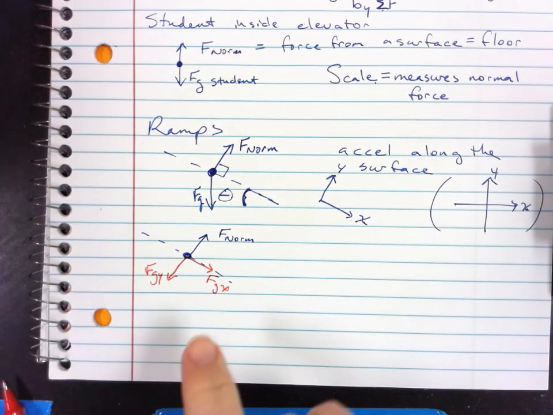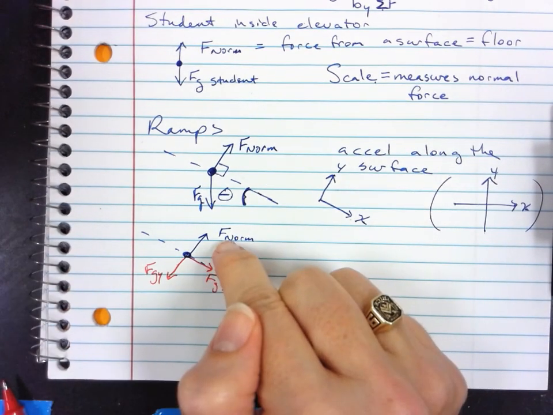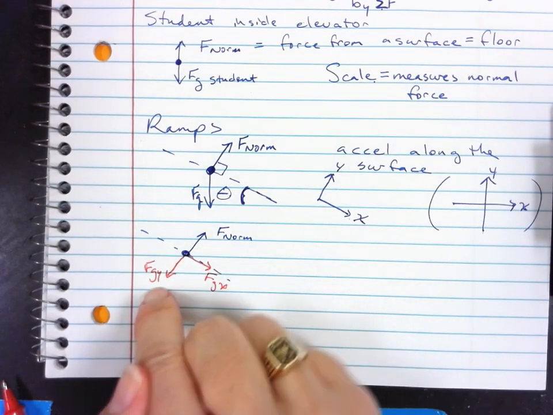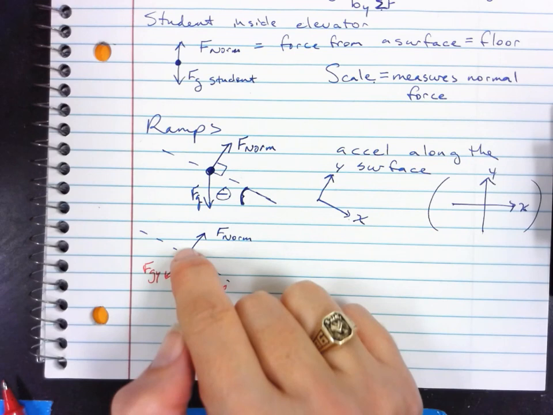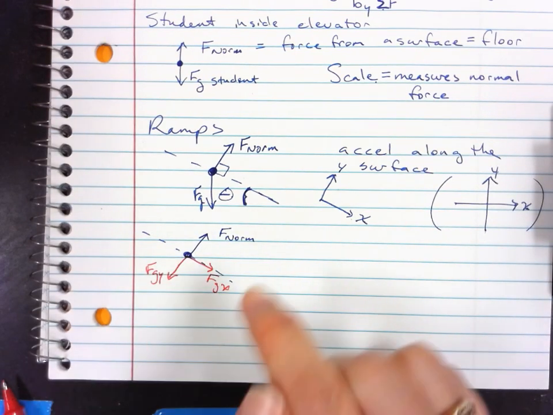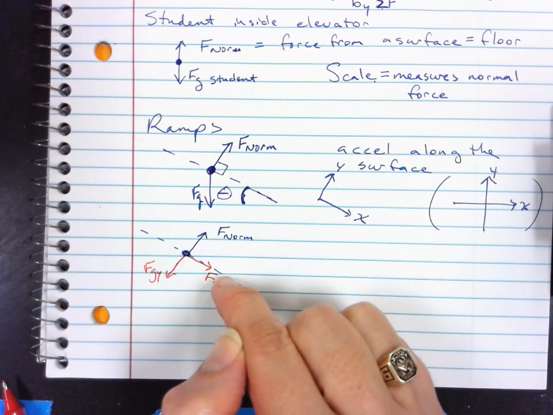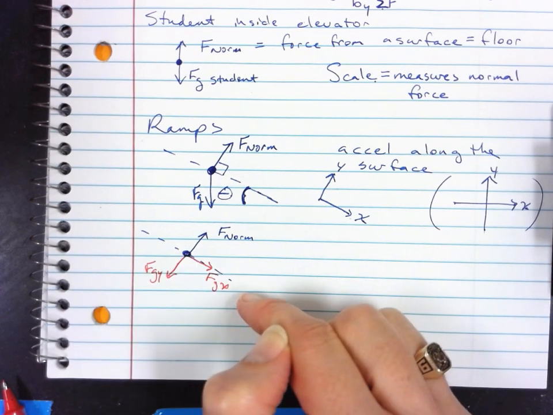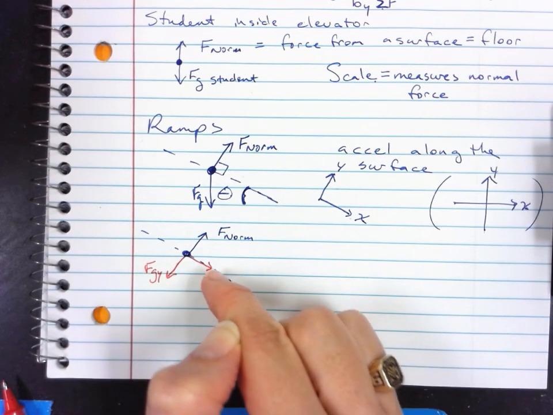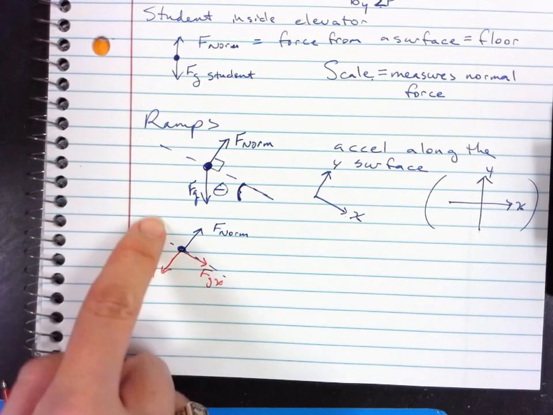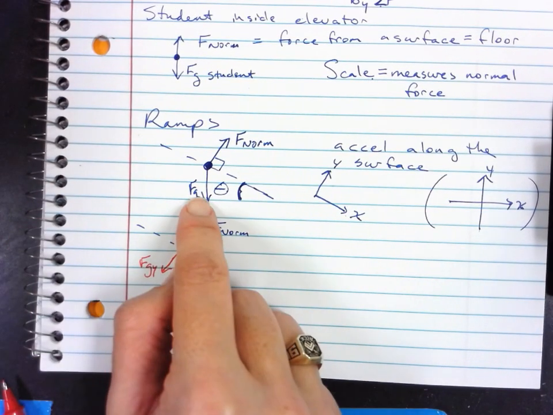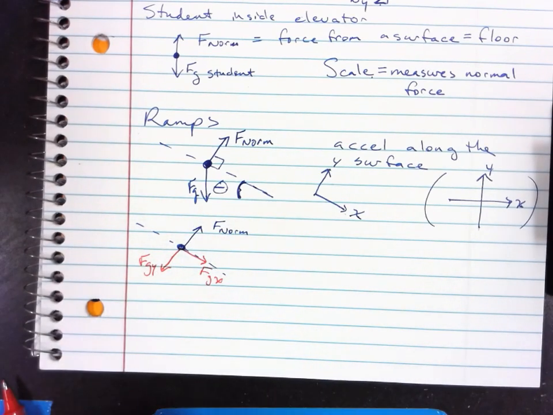And most of the time on these problems, the normal force is going to be exactly equal to FGY. If it wasn't, the object would crash down through the ramp or fly up into the air. Then the x component is along the surface of the ramp, so that causes this object to accelerate downward. Or it resists. If there's a rope here pulling up, this resists the upward pull, but it's this part that resists it, not the full gravity. The y component and the normal force cancel each other out.